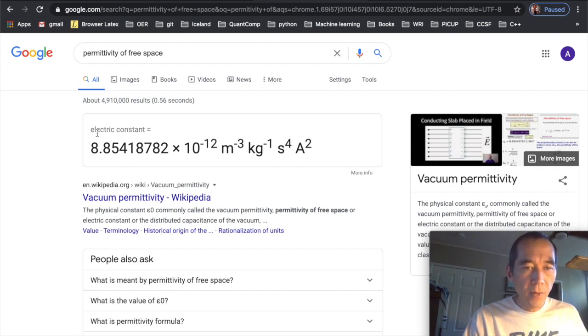We will possibly have reason to talk about the physics of this number, but right now just take it as an experimental quantity that somebody or a bunch of different people measure. And its measured value comes out, you can see it's got quite a lot of significant figures, a 10 to the minus 12, and then a bunch of units.